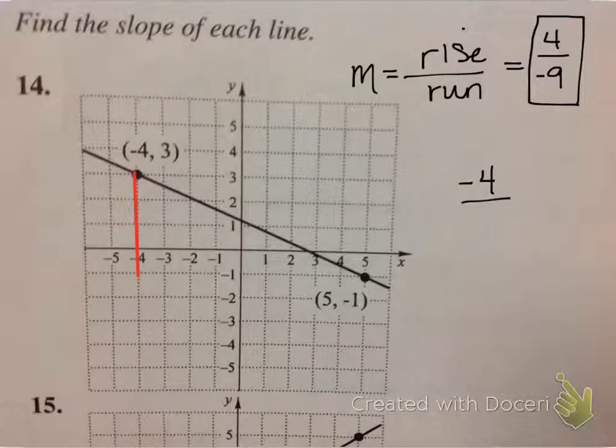And then my run is 1, 2, 3, 4, 5, 6, 7, 8, 9 units to the right. So the first time I did it, I got 4 over negative 9. The second time I did, I got negative 4 over 9. Those are equivalent. Those are the same thing. So that's why you can count either way. Just make sure if you go up or to the right, that's positive, and if you go down or to the left, that's negative.